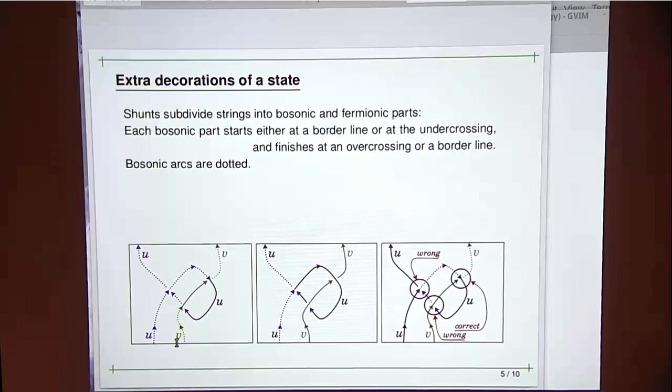On the fermionic part, it should start either at the border or at overcrossing in the shunt. Here we have a border where it starts. So this is the bosonic part starting with the border.